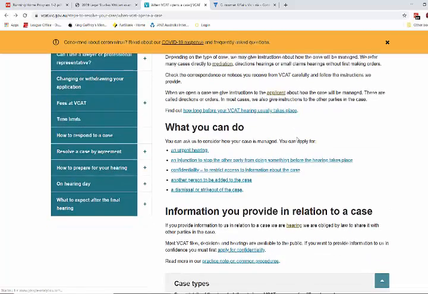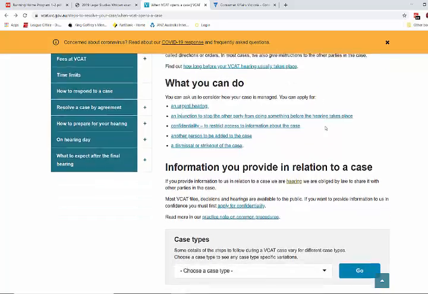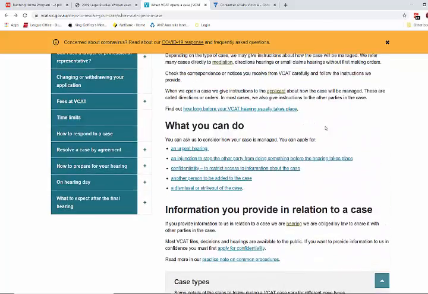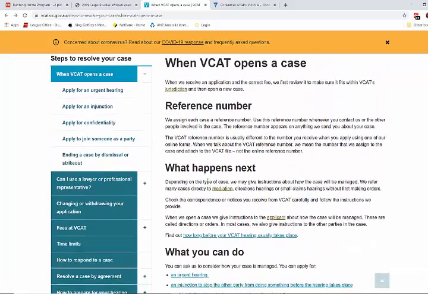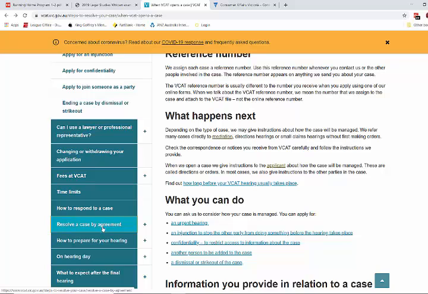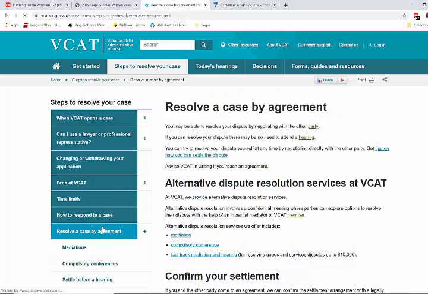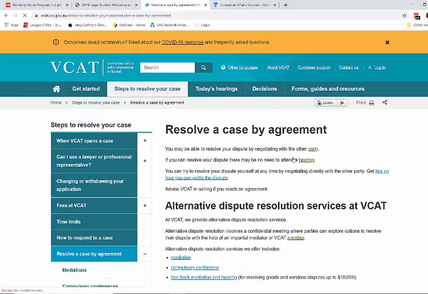Let's just squeeze down a little bit though. We want to look at resolving a case by agreement. So, like the courts as well, where we're going to learn about things like discovery, etc., and court-ordered mediation, trying to resolve disputes early.